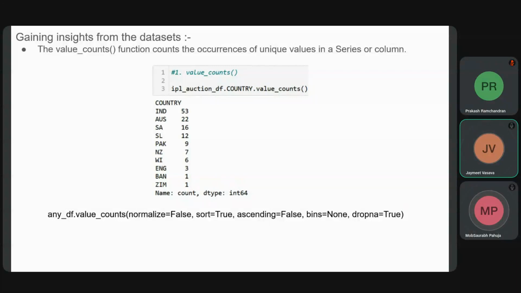If you set sort to false or true, depending on that you can get the value. If I don't give ascending, by default it will take ascending because I have given sort.